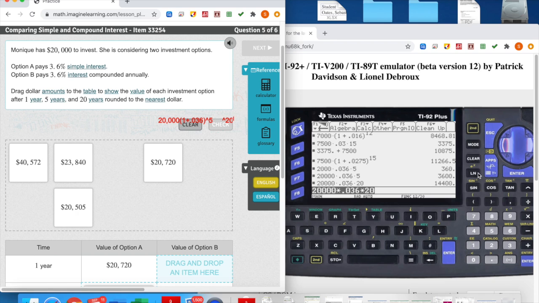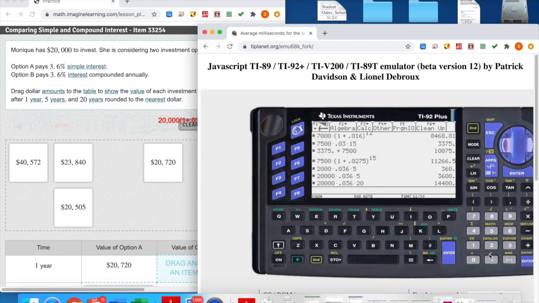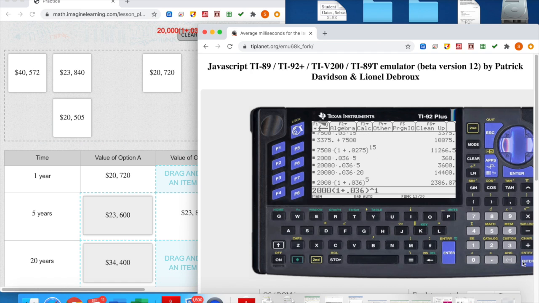So I'm going to clear this out. So for 1 year, when I do the formula for 1 year, it's going to give me 20,720.